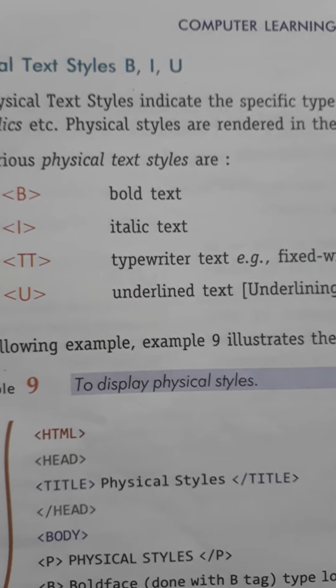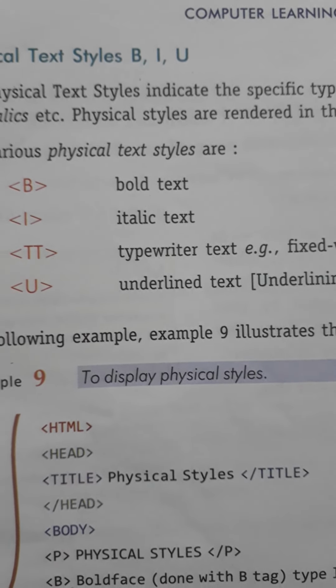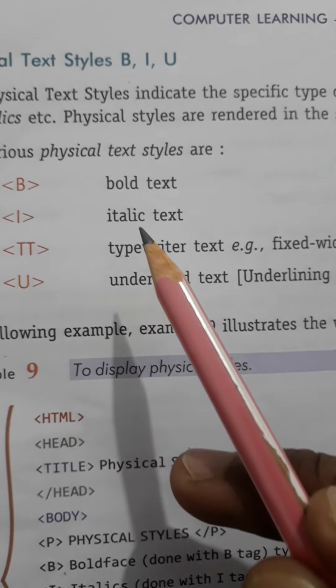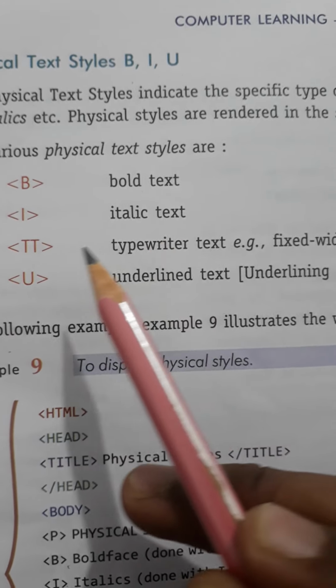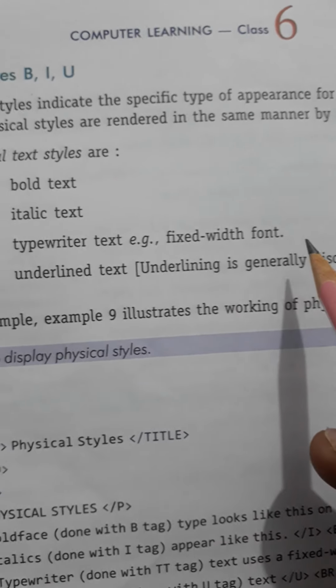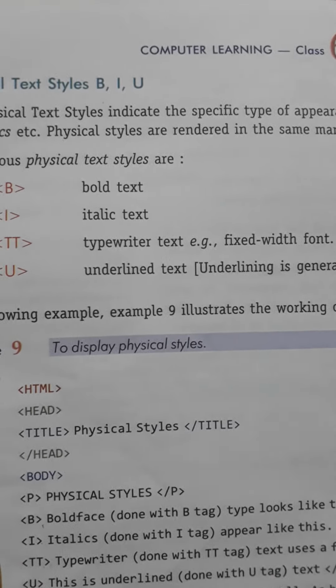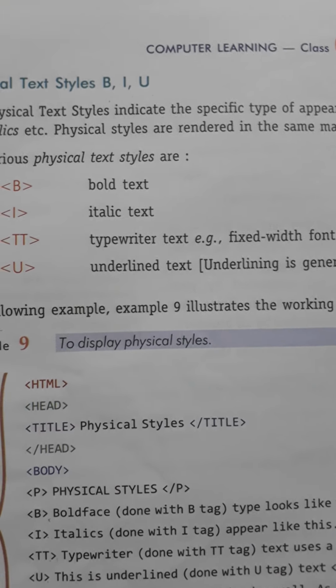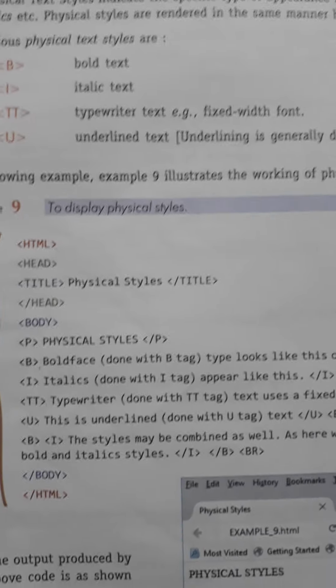It will show text darker or bigger. Italic text. The text will be in slant form. Typewriter text will be a fixed width font. Underline text. In underlined text, a line below the text will be displayed.